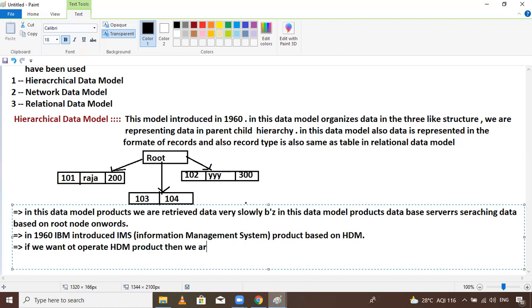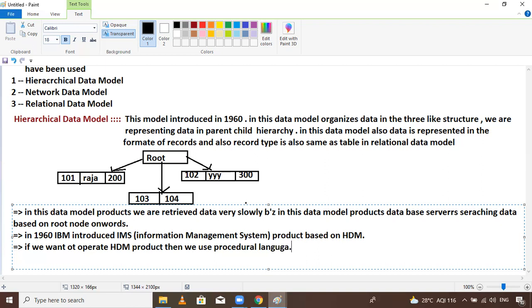Then we use a procedural language. Which language do we use? Procedural language. When you access a hierarchical data model product, we use this one. This is all about the hierarchical data model.